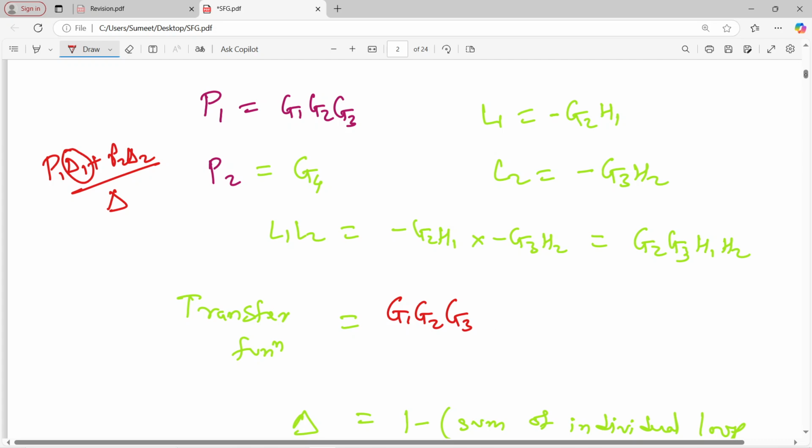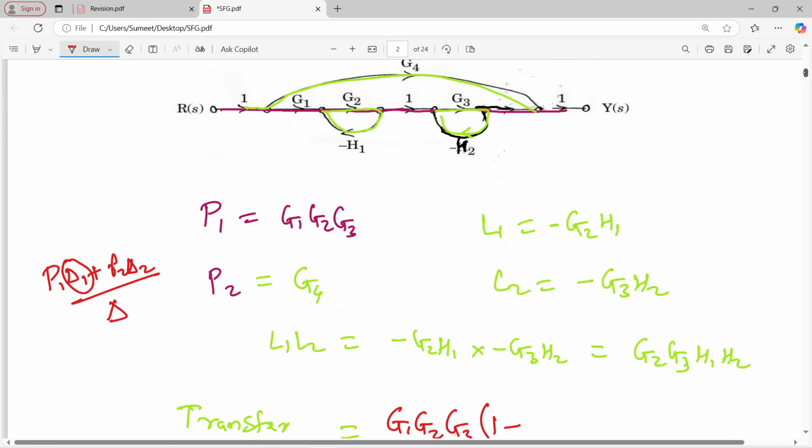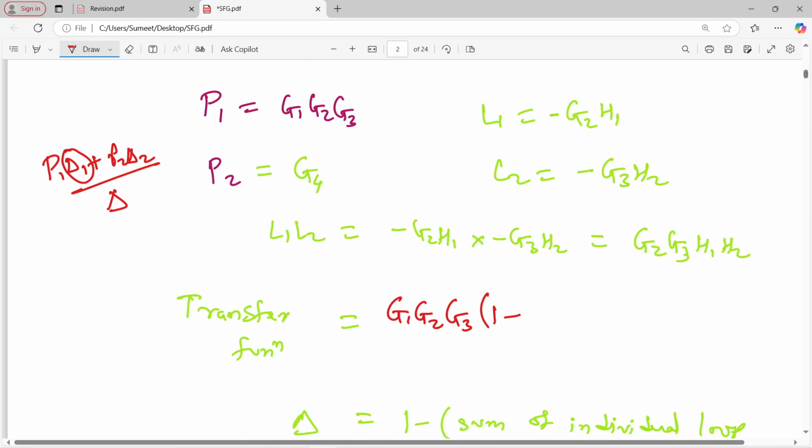Now what is delta 1? Delta 1 is 1 minus the sum of loops not touching path P1. But as you can see from the diagram, this loop is touching our forward path P1, and this loop is also touching our forward path P1. So delta 1 will be simply 1 minus 0.